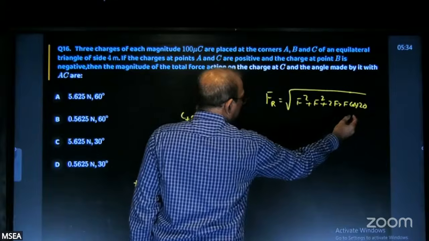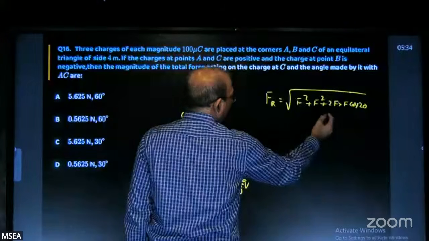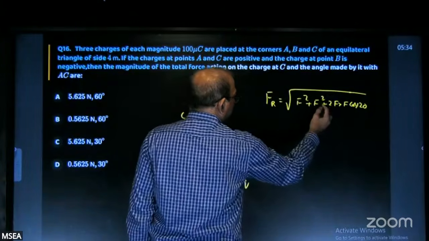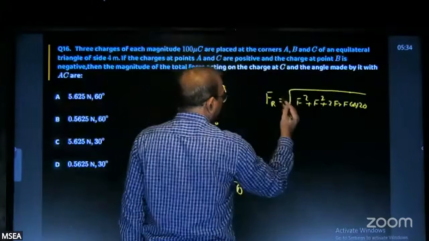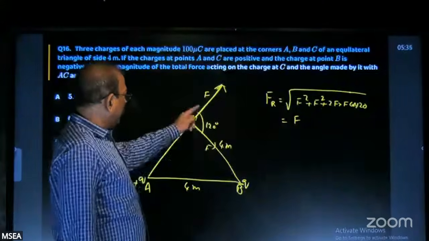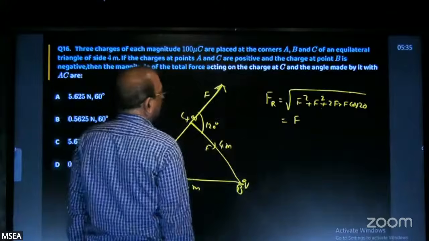Cos 120 is minus 1 by 2. The 2 cancels, and you'll get minus F square. Minus F square plus F square cancel, 1 F square remains. Means the resultant is F only. If two equal forces are inclined by 120, the resultant is F only.